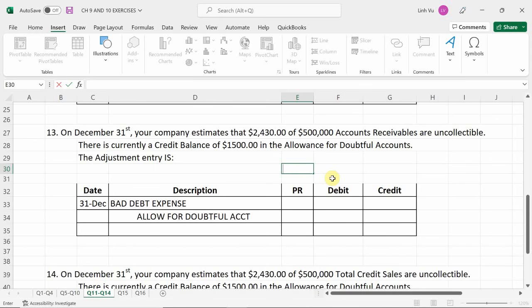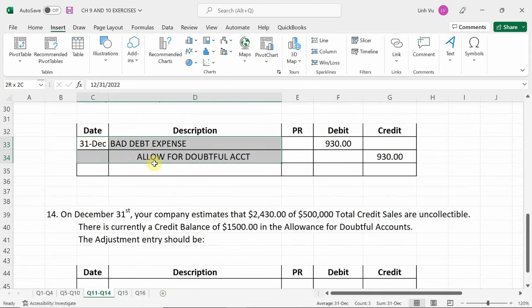How many more do you need to get to 2,430? Remember, we look at debits and credits like a number line. If you already are 1,500 in, how do you get to 2,430? You subtract the two numbers, and you need to move 930 more credits to the right to get to a grand total of 2,430. Okay, because you already are there with 1,500.